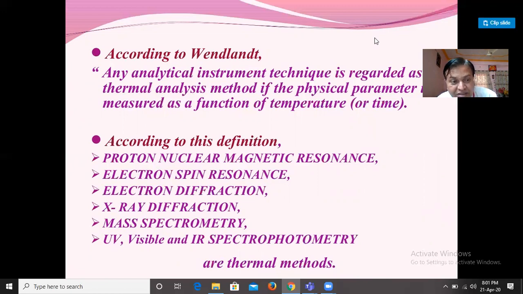These are methods in which we incorporate electromagnetic radiation, but we can also put these methods in the other thermal methods as per this definition.